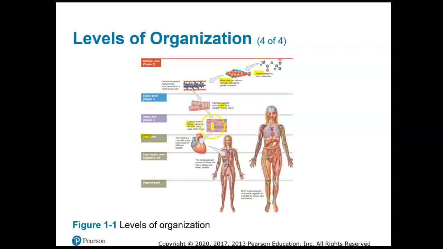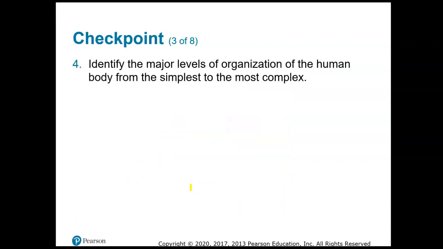We've got cardiac muscle tissue that composes the heart. The heart is composed of cardiac muscle tissue, some connective tissue, and epithelial tissue forms the lining of the inside and outside of the heart. And then the organ system would be called the cardiovascular system. And then the entire person is the organism, the combination of all the organ systems.